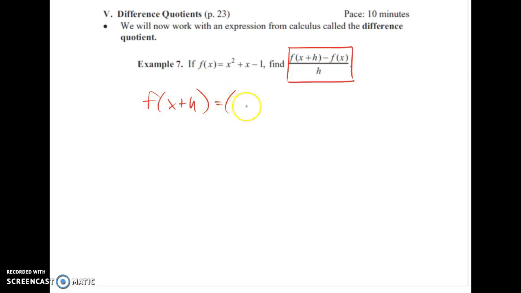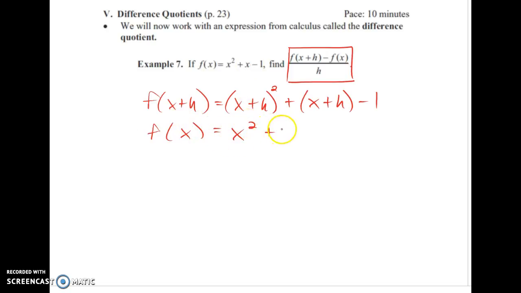When we do that, we can say here that x plus h, when we substitute it in, of course, put it in parentheses, and then plus, again, x plus h in parentheses, and then minus 1. So I'm substituting in x plus h here, and then there. F of x, I'm going to rewrite it, just for the sake of getting them both kind of laid out.